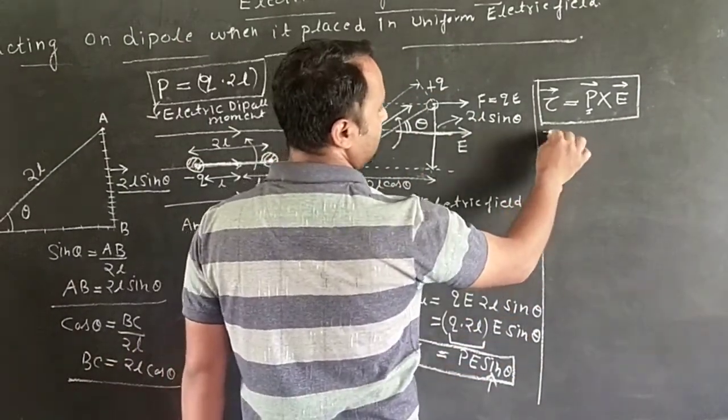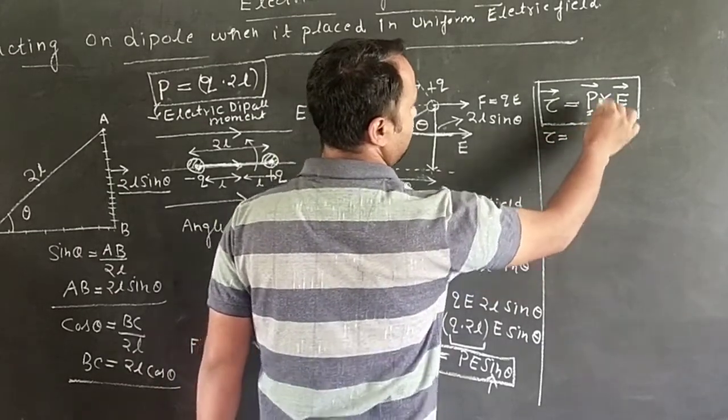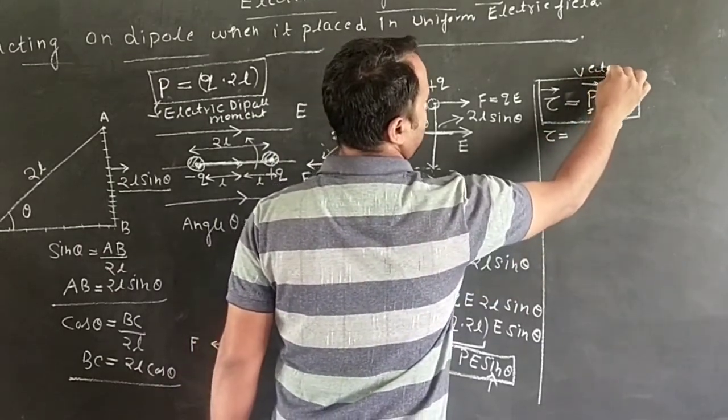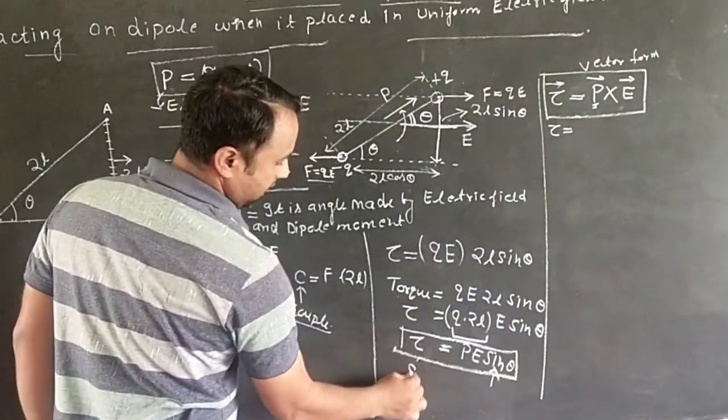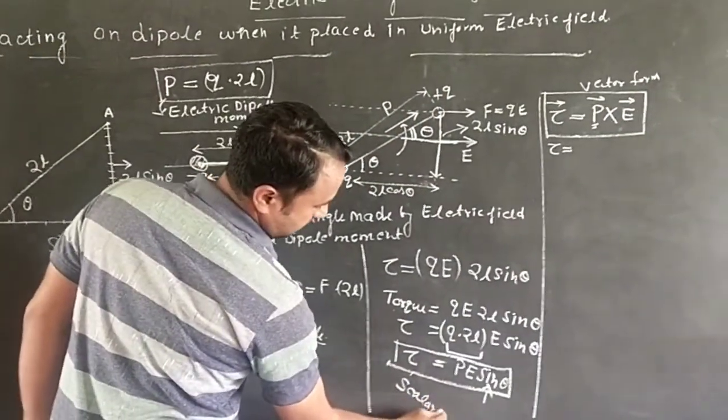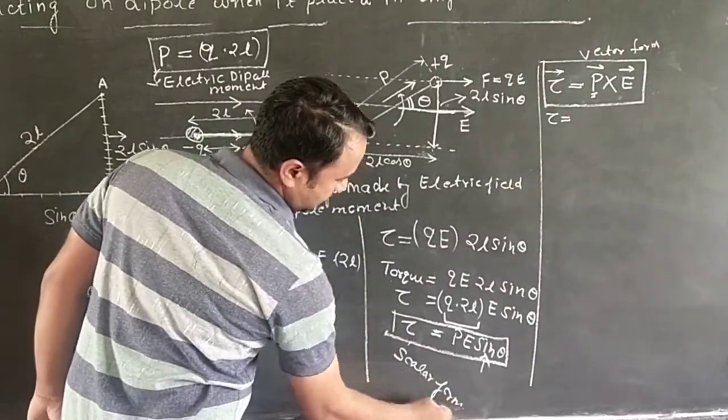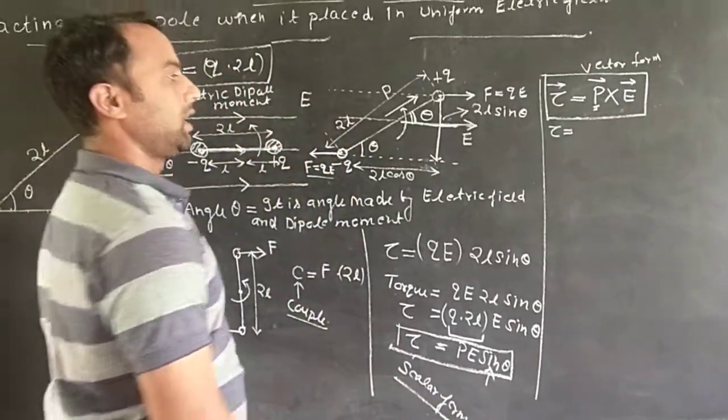This is the vector form, and this is the scalar form.